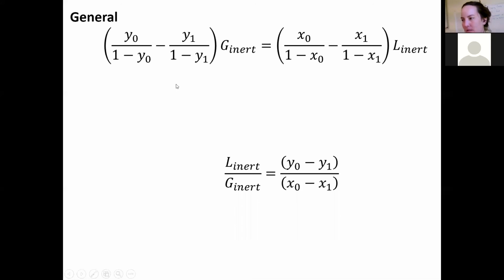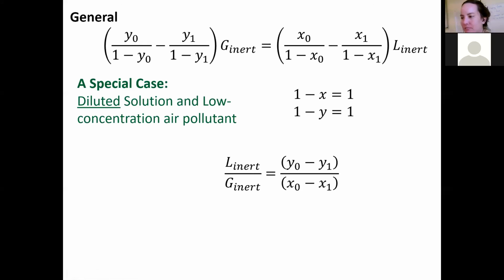Okay, so this is the expression that was previously derived. If we assume that we have a diluted solution, which is usually the case, that there's a low concentration of pollutant both in the gas phase and also in the liquid phase, then when we're looking here at these 1 minus Y terms, actually this is essentially equal to 1, just because they're quite small.